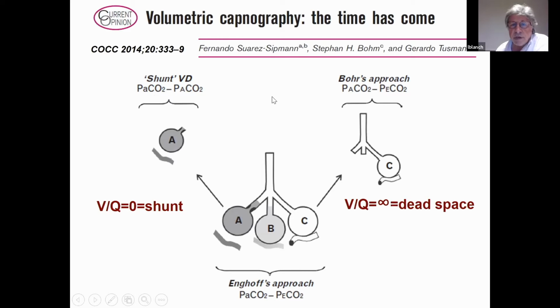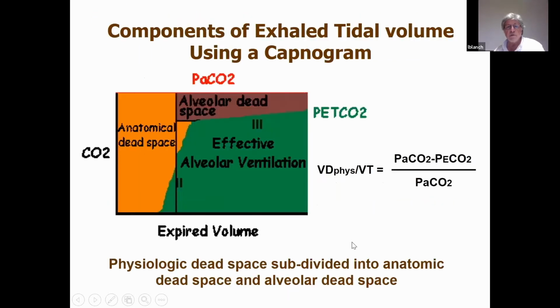Therefore, the big advance in the identification or measurement of dead space at the bedside was provided by the Enghoff modification of the Bohr equation, which takes into account the mean expired CO2 and the arterial CO2. So it takes into account the shunt component, and also the dead space component, which happens in the majority of patients with ARDS.